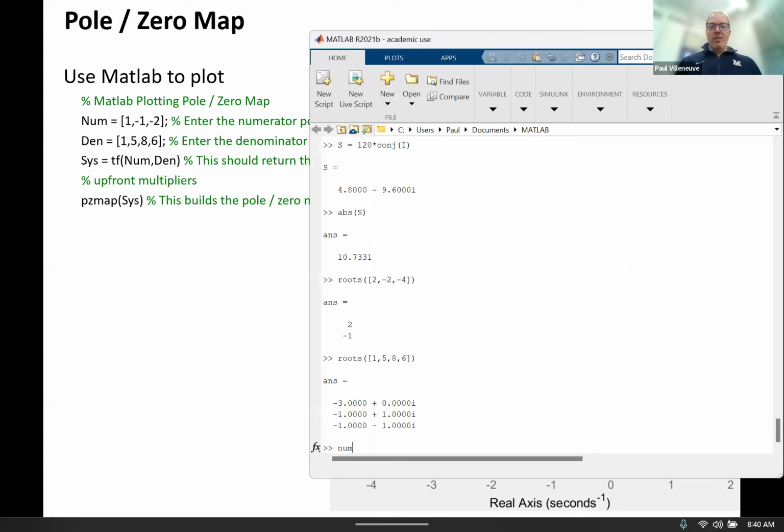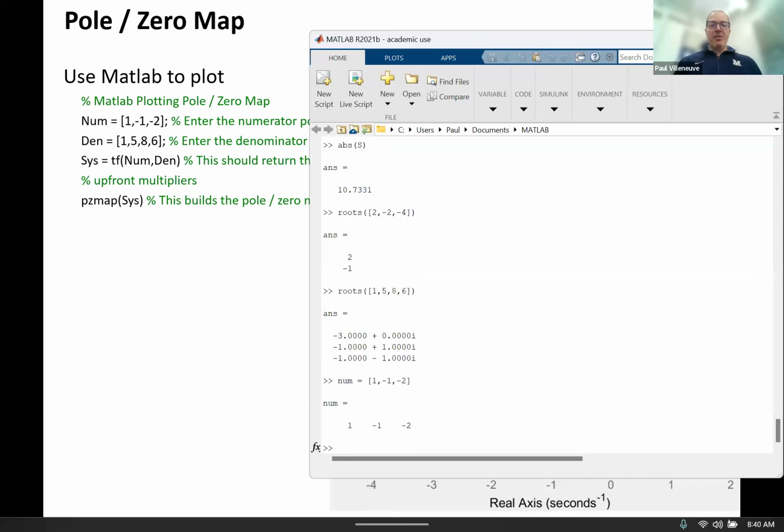So I'll say my numerator is equal to, and this is just defining a matrix called numerator or num. That's my numerator. My denominator is equal to, again, the coefficients.